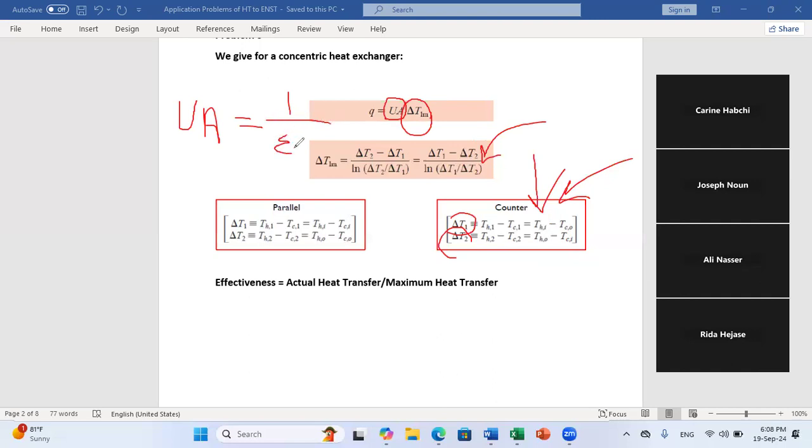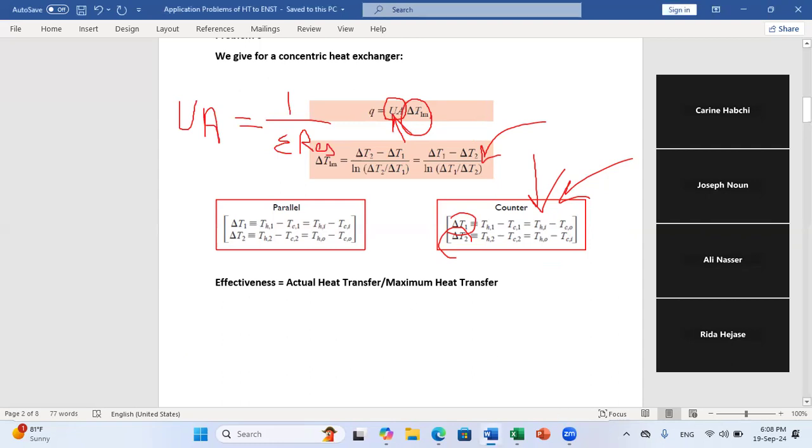In an example similar to the previous one, the sum of resistances includes resistance of convection from the inner side, plus resistance of conduction, plus resistance of convection from the outer side. If they don't give you details, they should give you the value of U, or U times A.